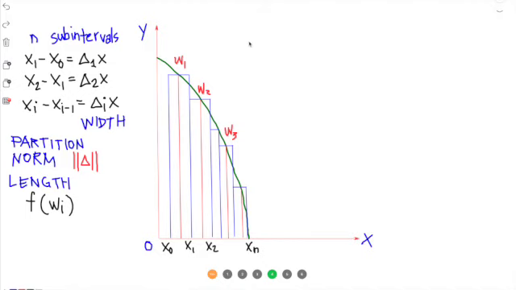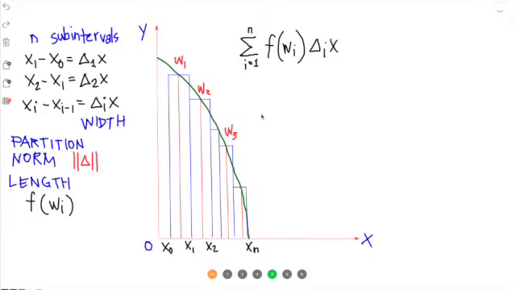So for the sigma notation, that would be the summation from i equals 1 up to n of the length, f, a function of w sub i. So it's still the area of a rectangle, that's length times width. So the length times the width, which is delta i x.